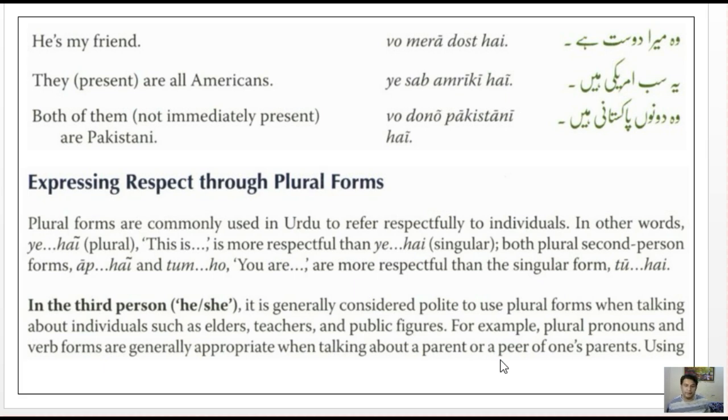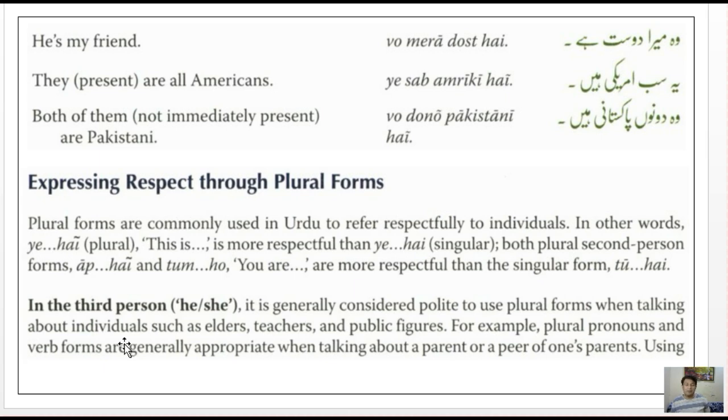So on the second line, both plural second person forms आप हैं and तुम हो, you are more respectful than the singular form तू है. So one more important thing to remember at this point is in the third person, he, she, it, it is generally considered polite to use plural forms when talking about individuals such as elders, teachers, public figures.